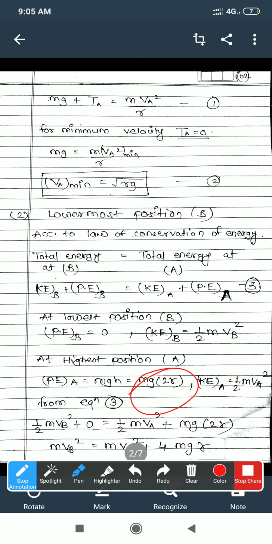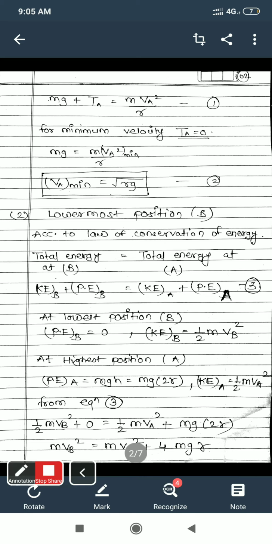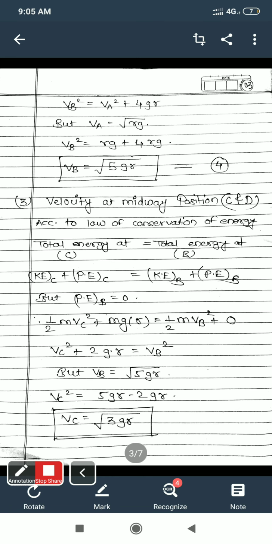If we multiply by 2, the half will get cancelled, and it will be 4gr, right? So the equation will be mvb square is equal to mva square plus 4mgr. On the next slide, by solving these things, we will get vb square is equal to va square plus 4gr. But va is equal to under root rg.